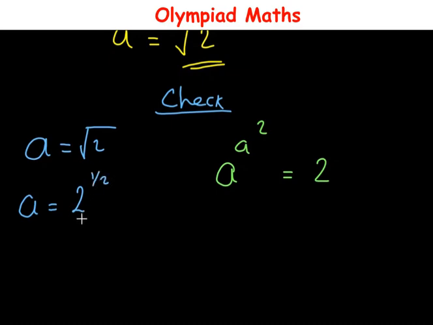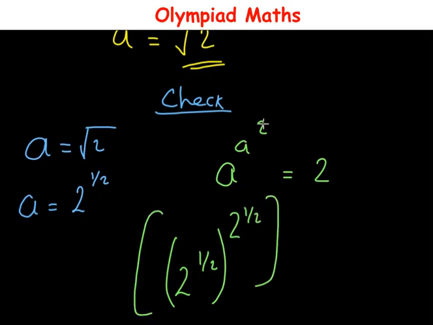So we bring in 2 raised to power 1 over 2 to replace a. This becomes, in brackets, a is 2 raised to power 1 over 2, then raised to power a, which is 2 raised to power 1 over 2, then all of this is raised to power 2, equal to question mark.